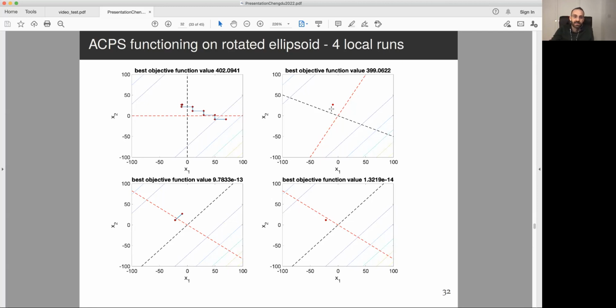And in fact, in the following local run, this micro movement allowed us to re-estimate a new covariance matrix and a new set of directions, which are these two. And along this set of directions, the problem can be solved very efficiently. So you can see that from 399, we move in a few steps to 9 by 10 to the power of minus 13.